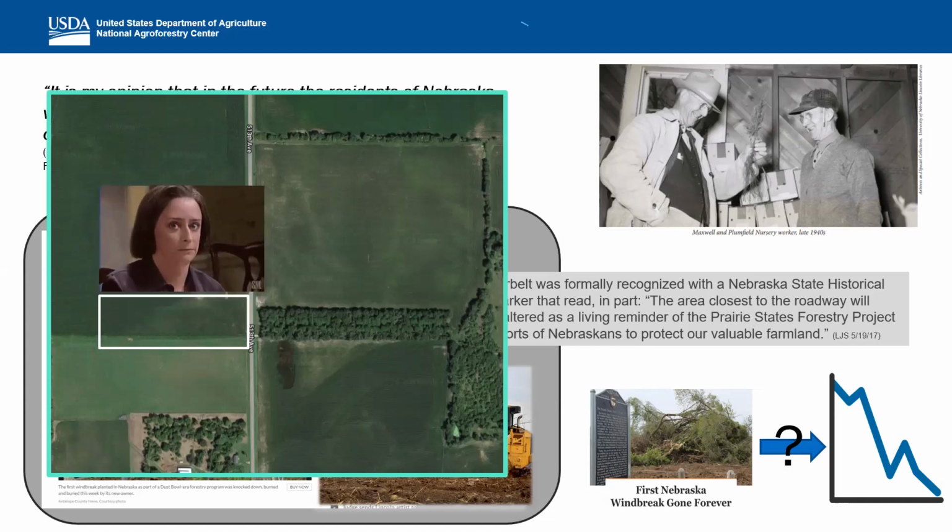But from an inventory perspective, we ask, do these anecdotes add up to any trends and what's really going on out there? And it turns out we don't have good information about these trees outside forests for us to declare any factual statements. We hear a lot about windbreak removal. We see it with our own eyes, but we need to be a little more systematic with our assumptions.